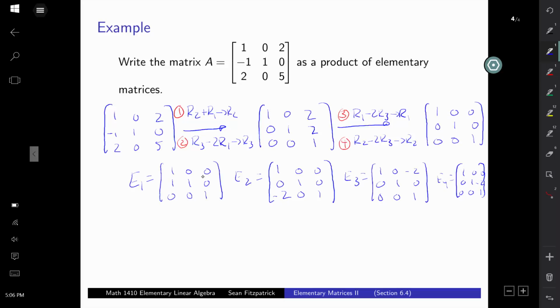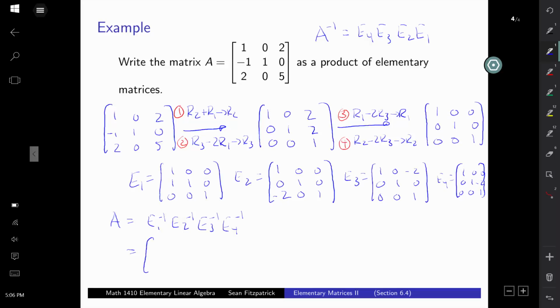And so if I wanted to write the inverse, this one didn't ask me for the inverse, but if I wanted the inverse, it would be E4 times E3 times E2 times E1. The original matrix is going to be E1 inverse, E2 inverse, E3 inverse, E4 inverse.